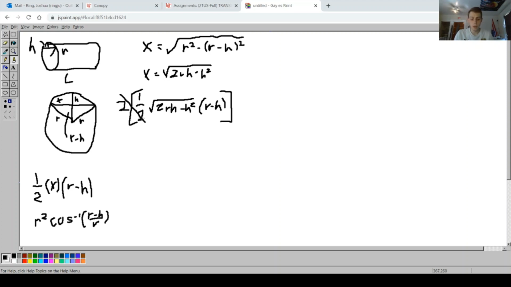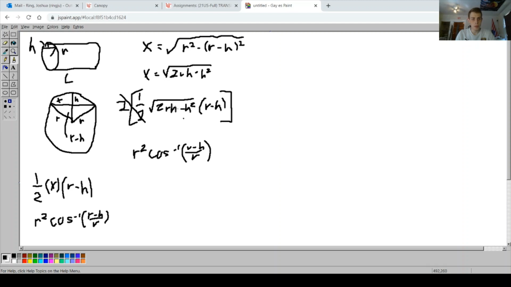So finally, we need to take the circular sector and subtract it from this. So we will get r squared, circular sector, which is right here, I have it written in, times arc cosine of r minus h over r.